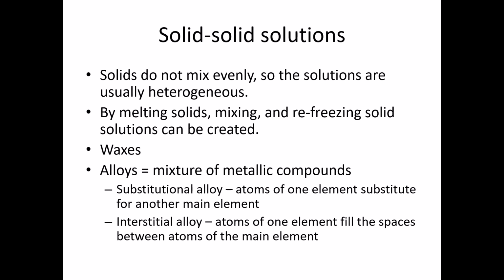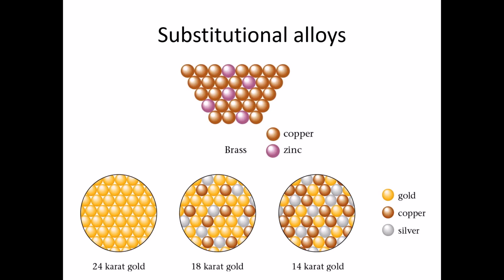Substitutional is when we have one atom replace another atom in the matrix, in the lattice that solids have. And interstitial is when we have a second type of atom fit in between atoms of the first. So let's look at what this is. So our substitutional. Substitutional alloys have one atom replace another in the lattice.